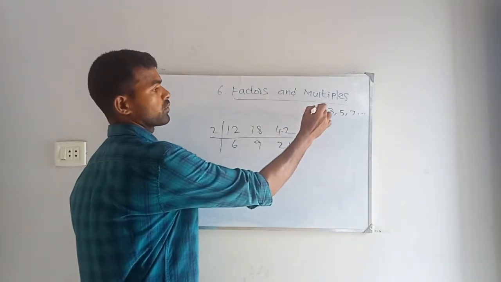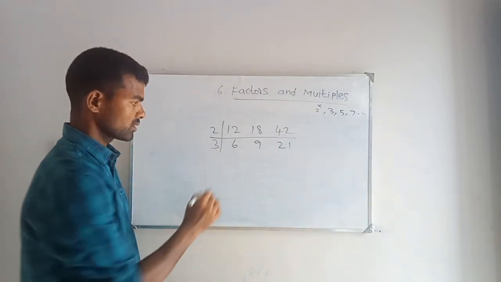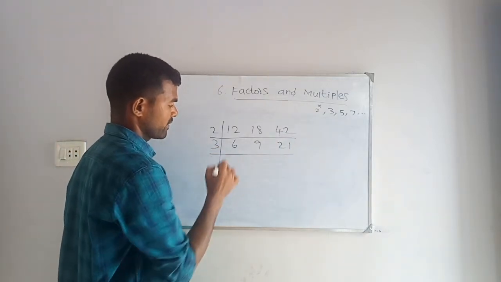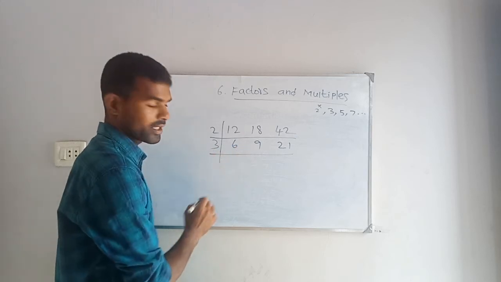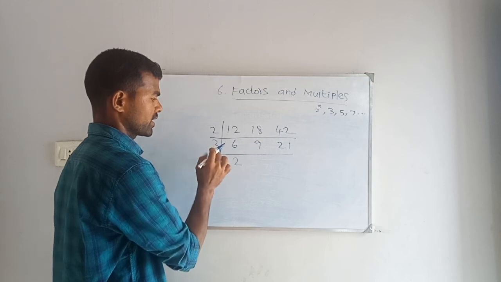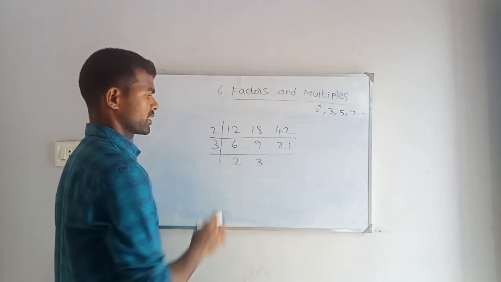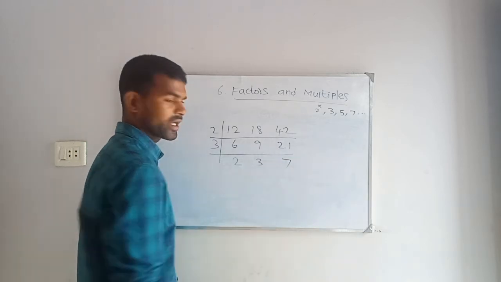So leave the 2. Take the number 3. 6 divided by 3, 2 times. 9 divided by 3, 3 times. 21 divided by 3, 7 times.